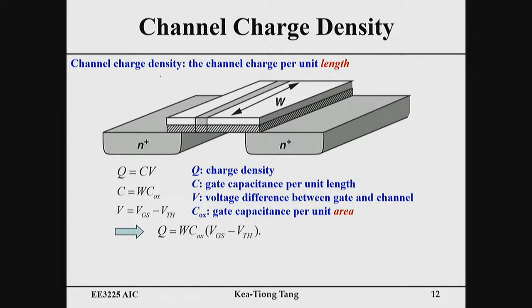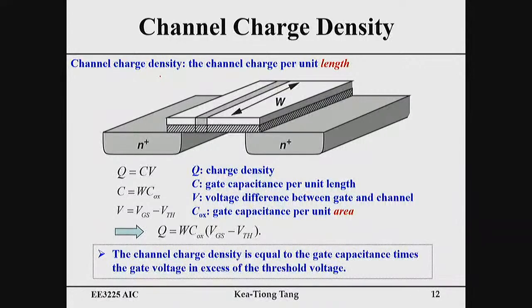So we can write down this formula. It looks a little complicated, but actually it is Q equals C times V. So this is the channel charge density.